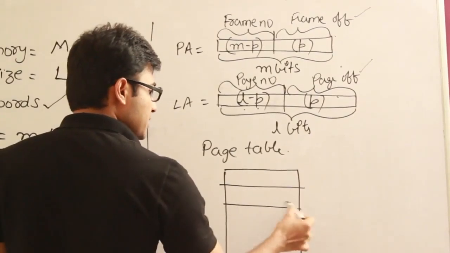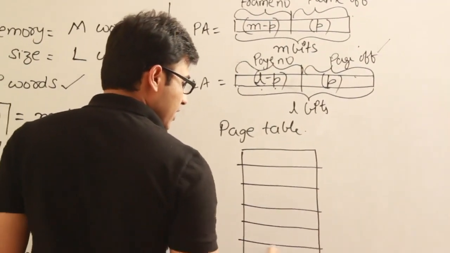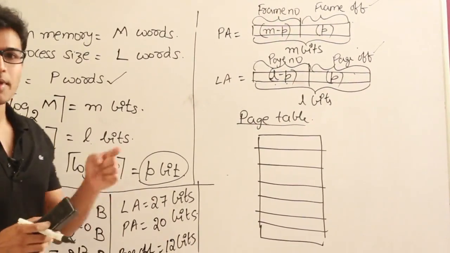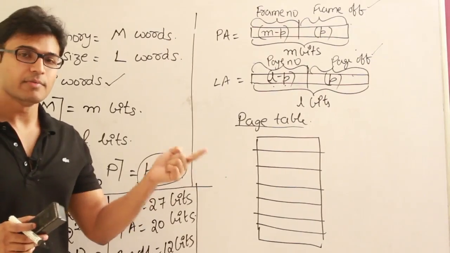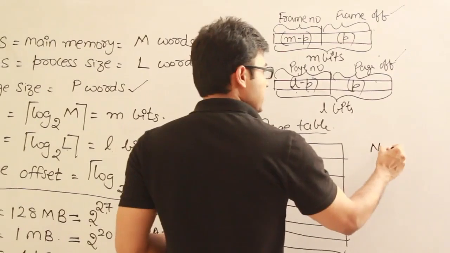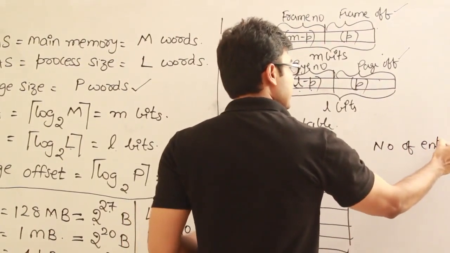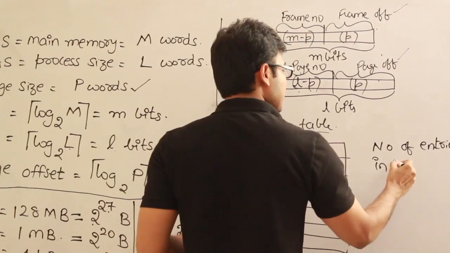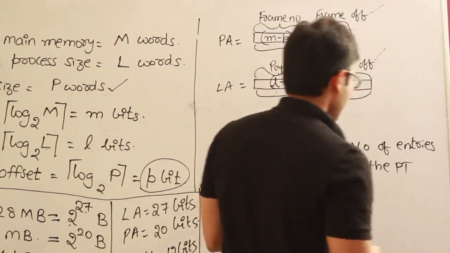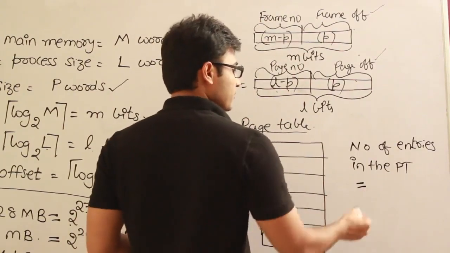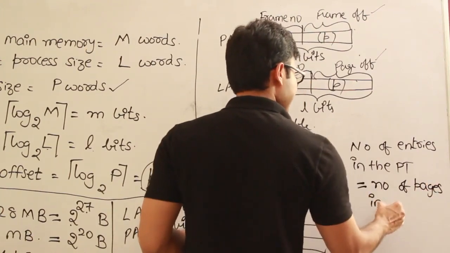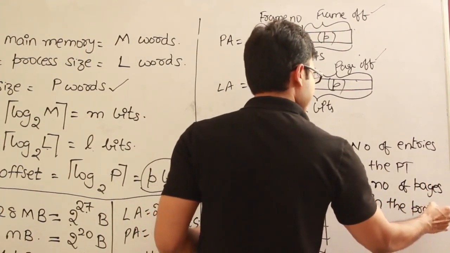For every page present in the process, there will be an entry in the page table. Okay, so try to understand this. For every page present in the process, there will be an entry in the page table. I already told you with an example, right? Therefore the number of entries in the page table will be equal to the number of pages in the process, right?